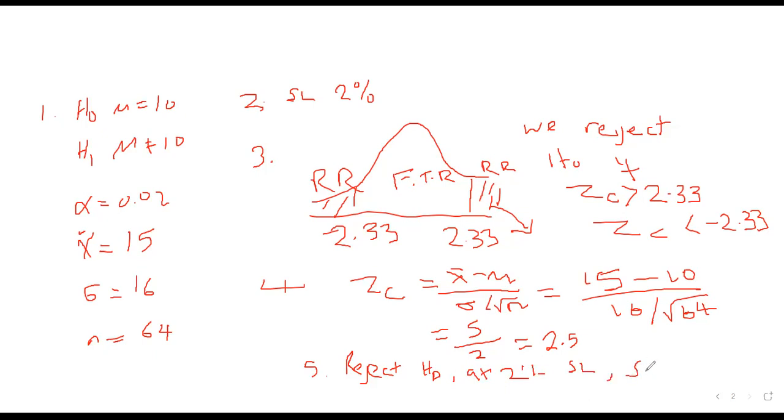Since Z calculated, you can put it in brackets, 2.5, is greater than 2.33. So what does that mean? It means there is a significant difference.